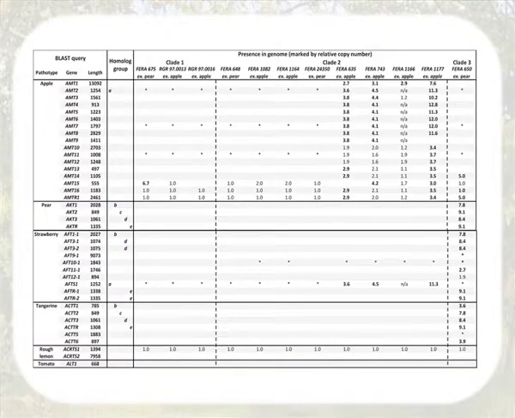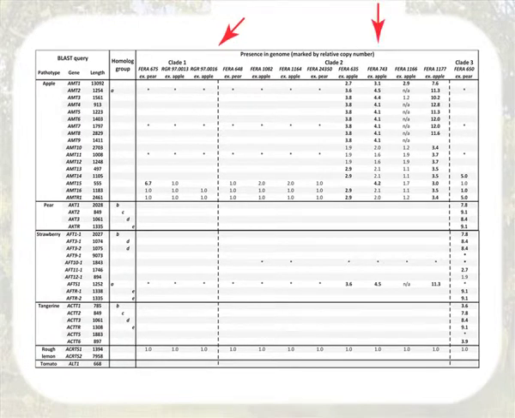So this is a table of results, and we can see here the toxin genes that we searched for, and we can see here the different isolates that they were present in. So these are divided by phylogenetic lineage 1, phylogenetic lineage 2, and phylogenetic lineage 3.